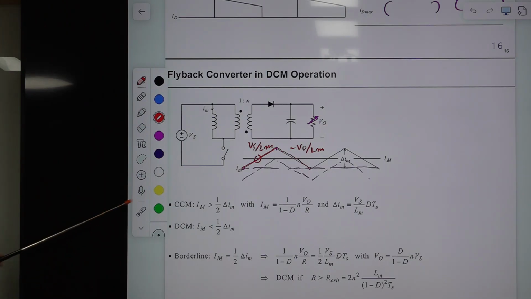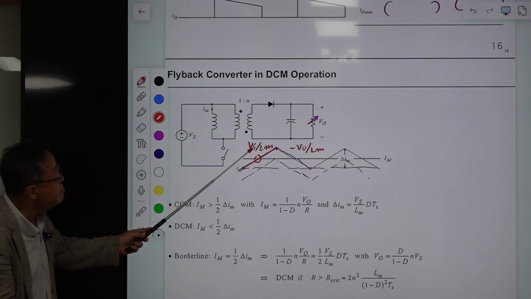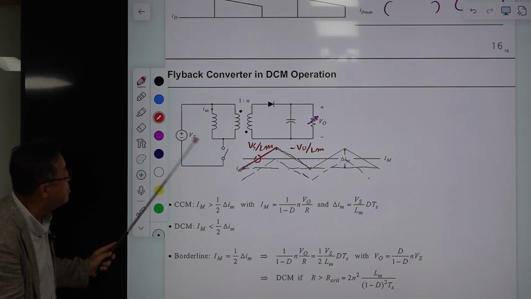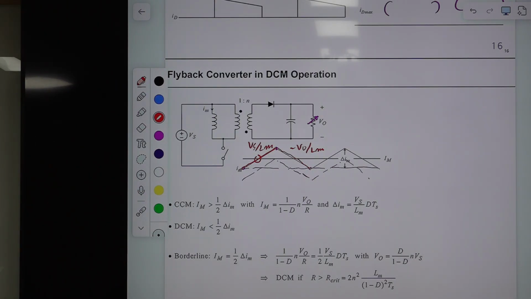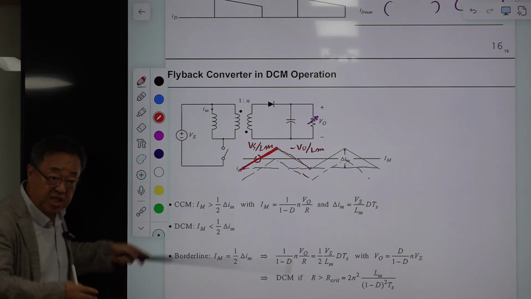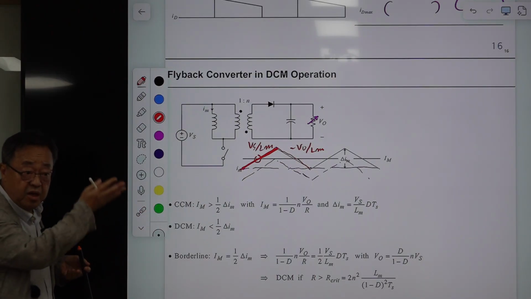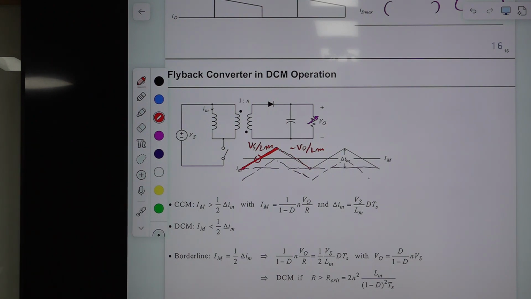Think about the structure of this converter. Okay? So if you increase R, this remains the same, right? Because Vs always remains the same, and Lm is constant. This on-time current is not changing, but the off-time current is this one. But if your VO is increasing, if R is increased, then the slope becomes steeper.